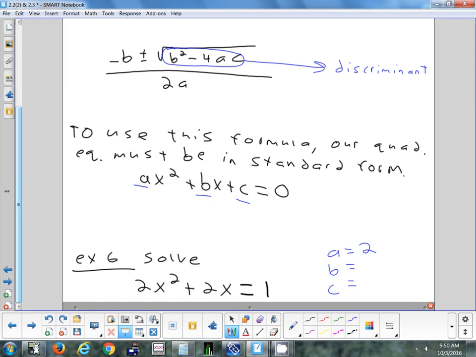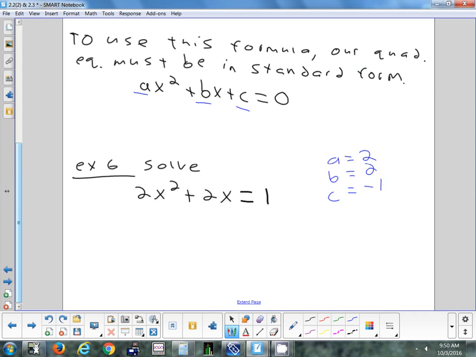Yep. How about B? 2? And what about C? Is it -1? Yeah.